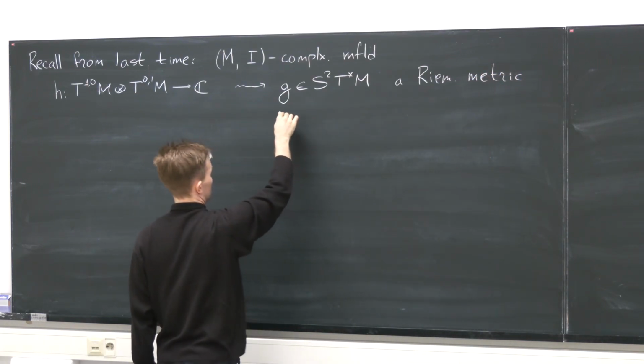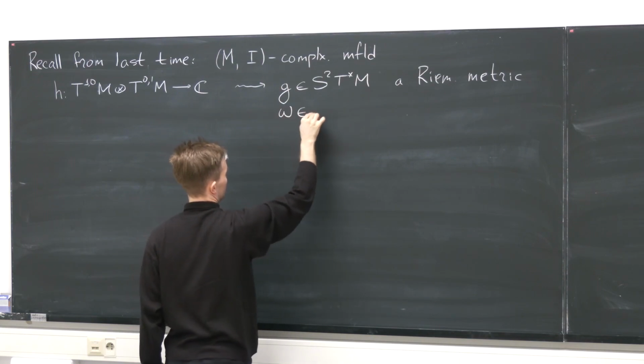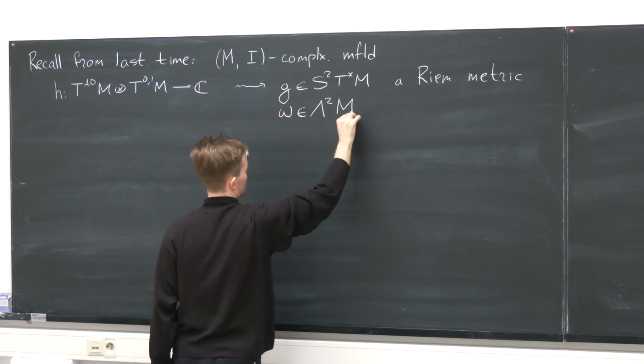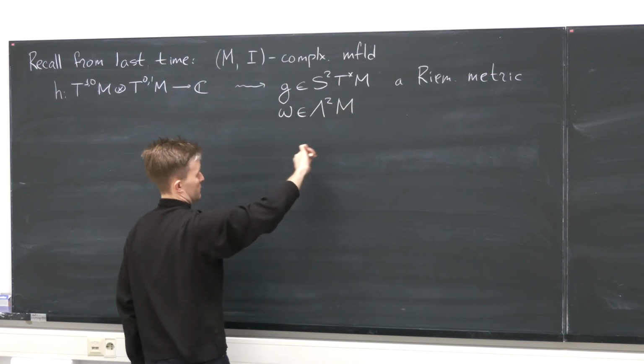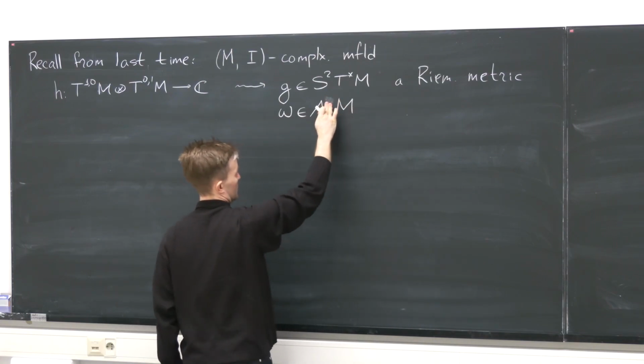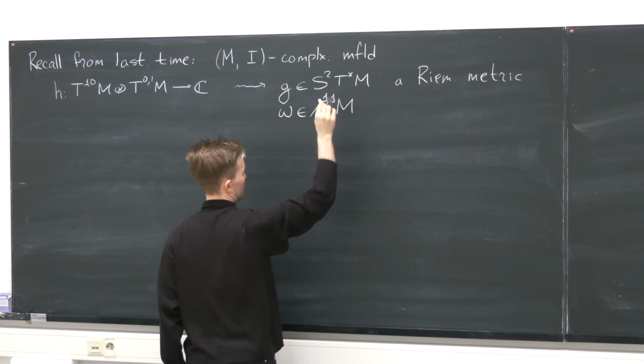And we also have a two-form. Well, it's a real two-form actually, of type 1,1.